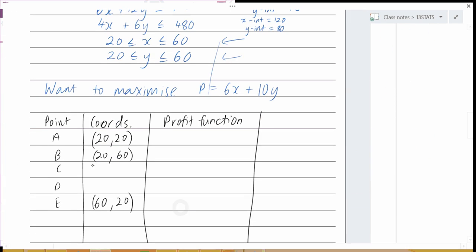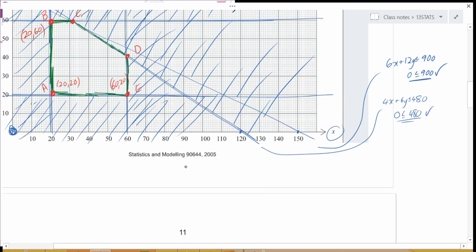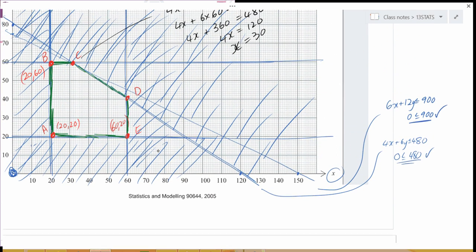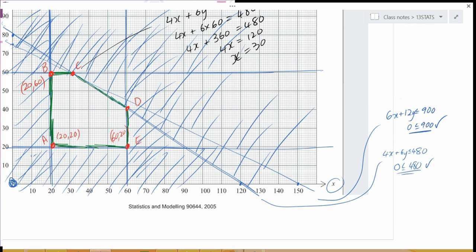So I'll put that in, 30, 60. And then the next point is where this diagonal crosses with x equals 60, so same again.